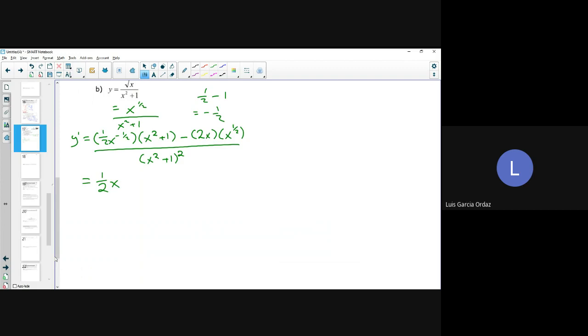So it'd be 1/2 x to the power of 3 over 2 plus 1/2 x to the negative 1/2 minus, so again, exponent laws, 2x, and then we have 1 plus 1/2, which gives us 3 over 2, all over x squared plus 1 to the power of 2.